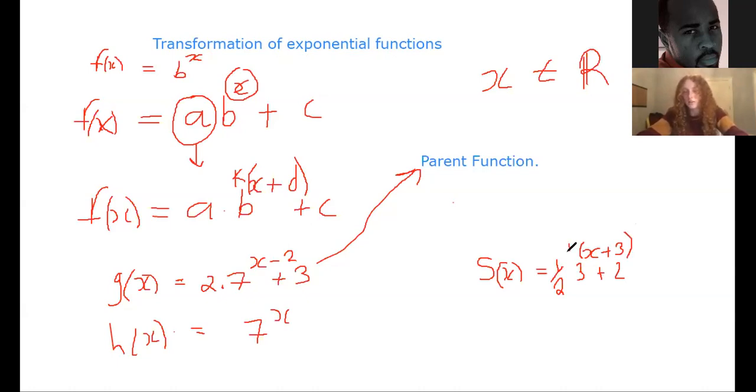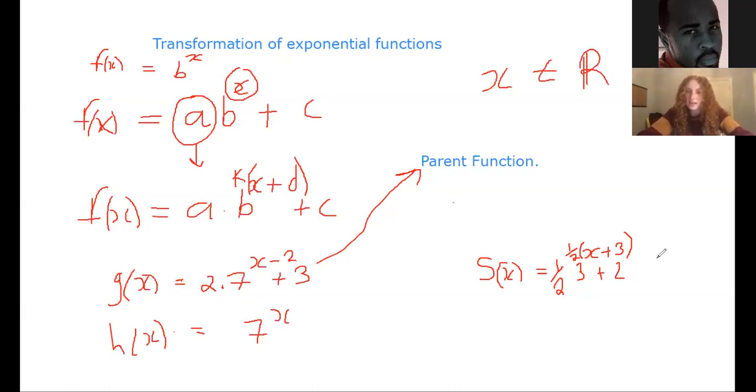Now it's also been moved left 3 and horizontally compressed by 2. Am I correct? Which one are we talking about now? The one that you just wrote, f of x. So go again for me, please.